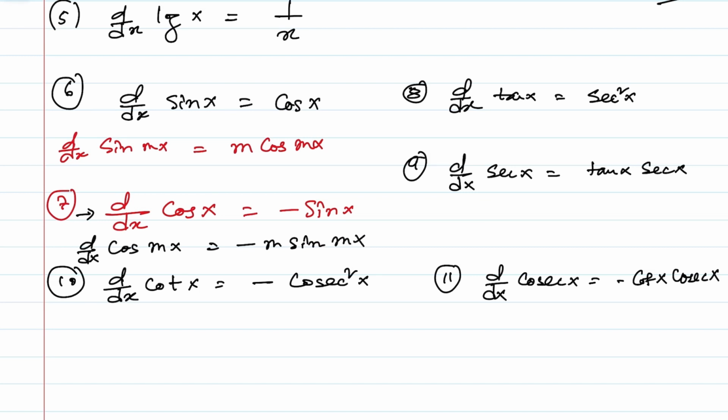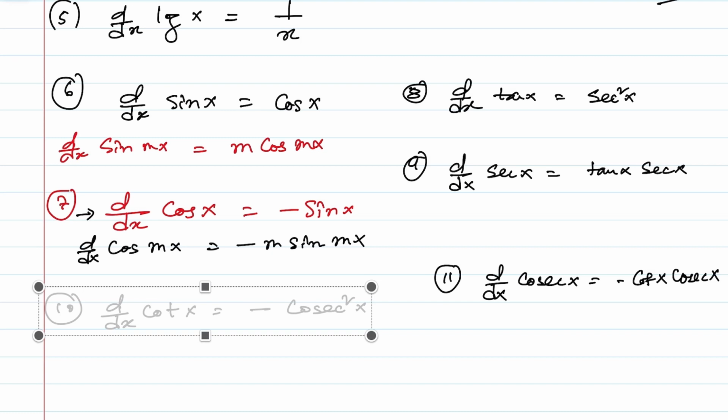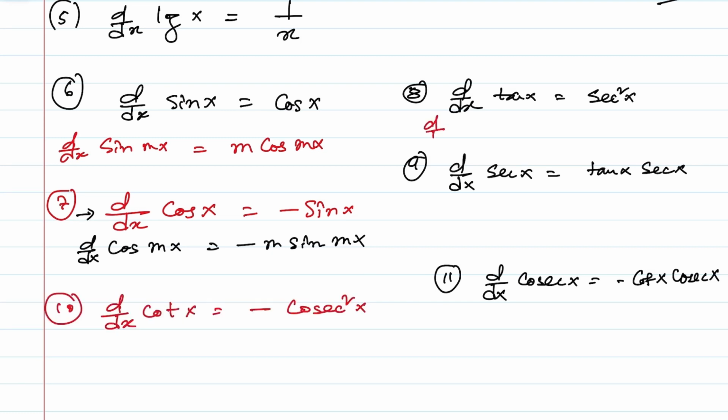You must remember this also. Similarly in other cases also we will get those kind of things. Suppose you have ddx of, or derivative of tan mx, then it will be equal to m sec square mx. It's very simple, you can remember this.